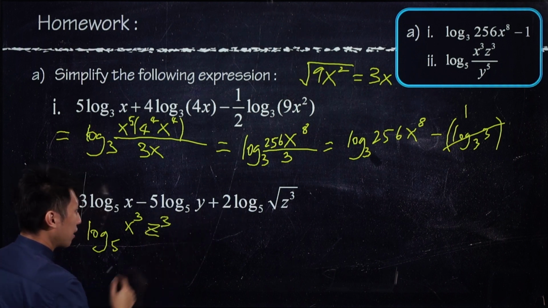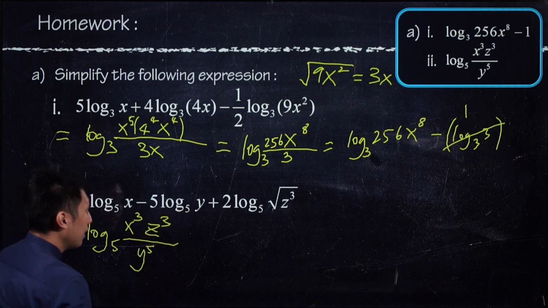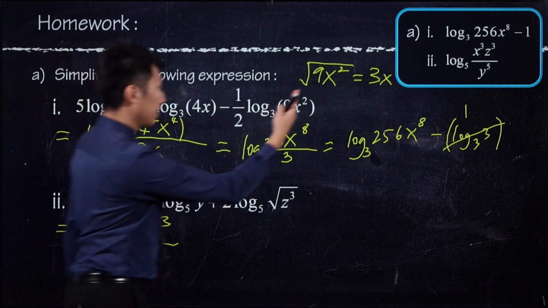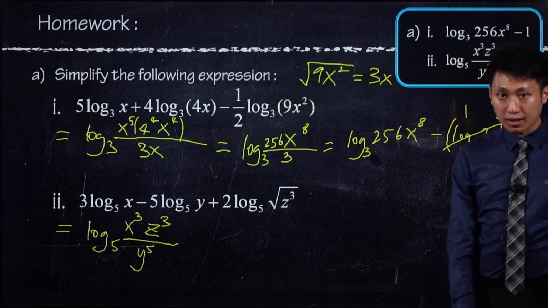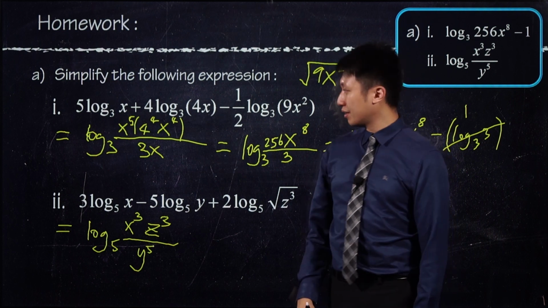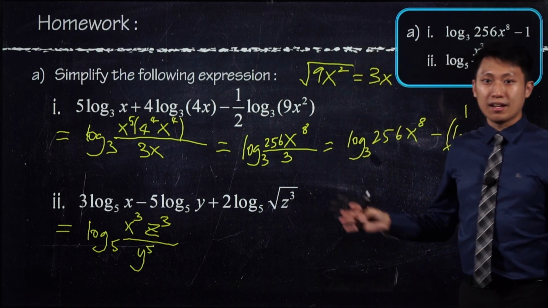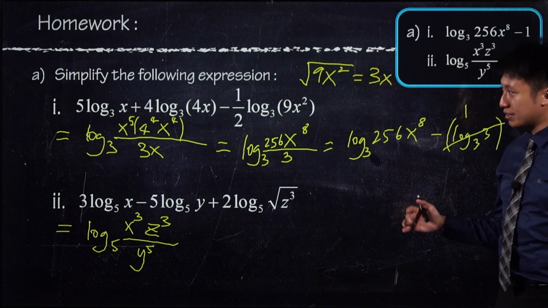So z to the power 3, then divided by 5, you put it in, becomes y to the power 5. Hence, you get the answer here. Got it? Easy, right? Very simple. This chapter is a skill, not something that you need to be very smart to solve. It's a skill.